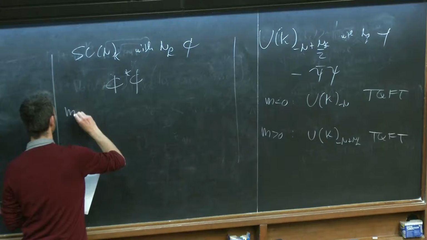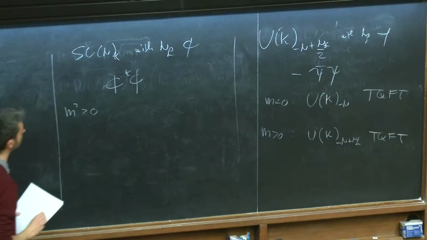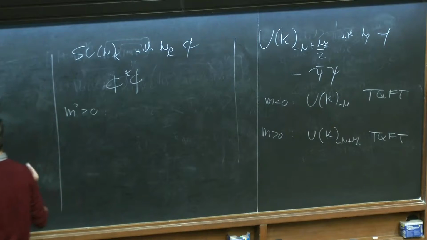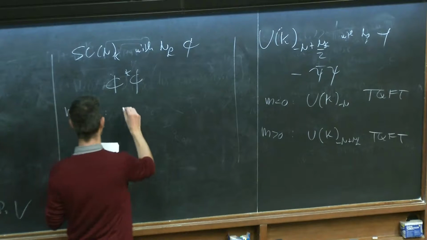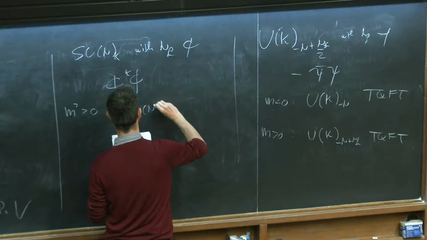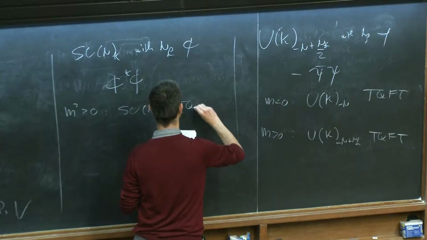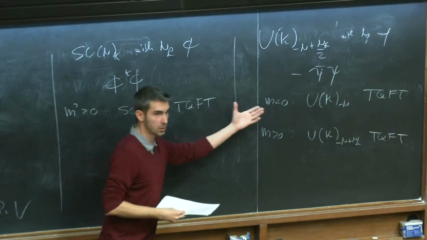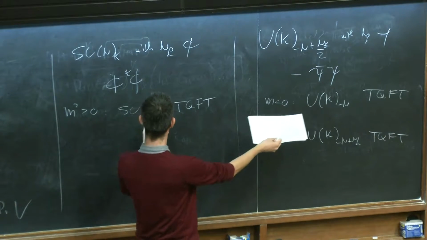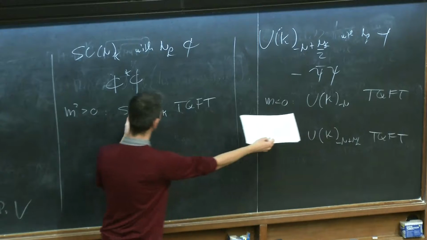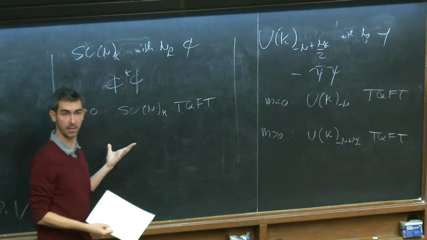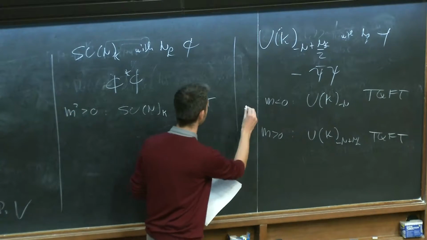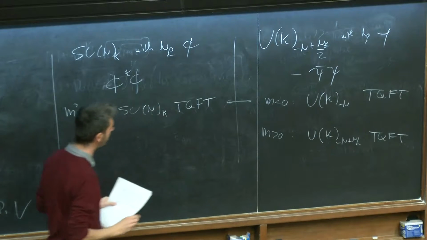So if we put a positive mass squared, essentially we integrate out these fields and we are left with the pure Chern-Simons theory, which again is a topological field theory. So here we're left with SU(N) level K. Do we get the same phase? Well, yes, because these two topological field theories are the same because of level-rank duality. So this nicely matches.